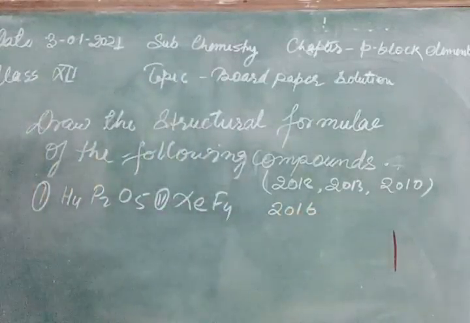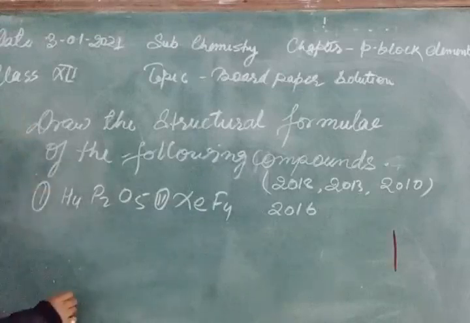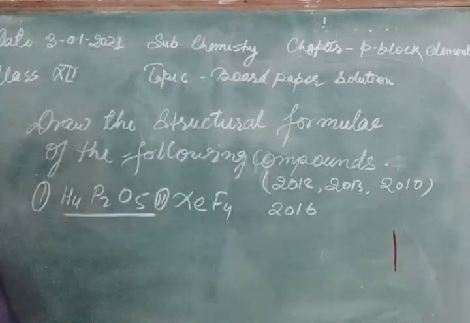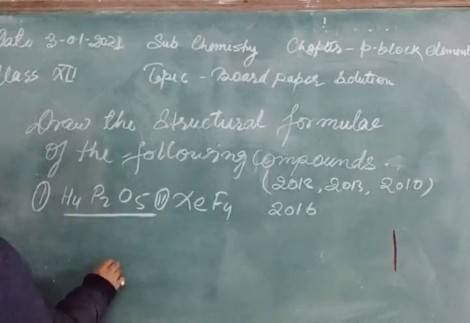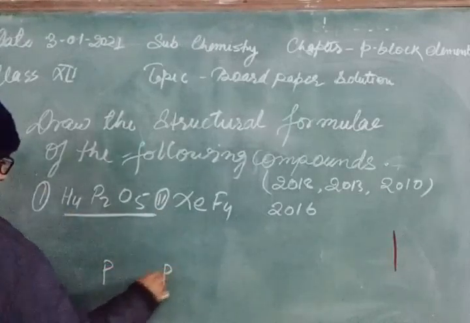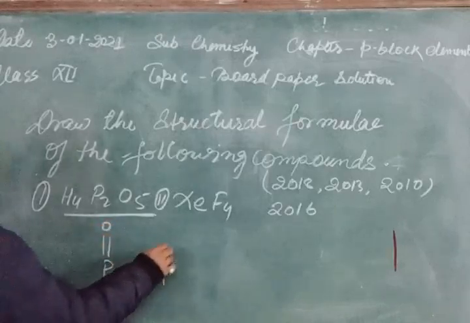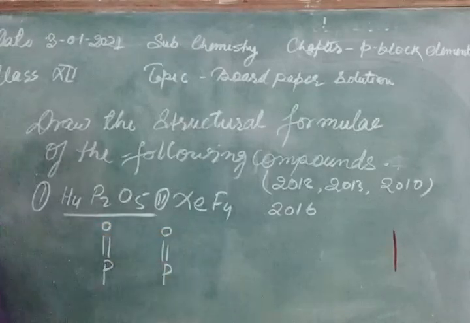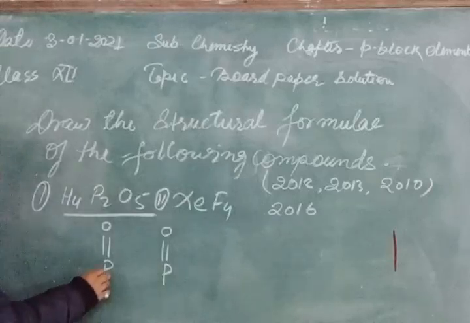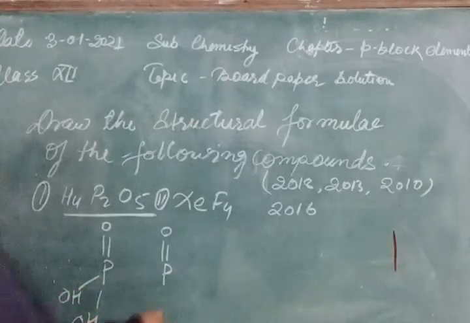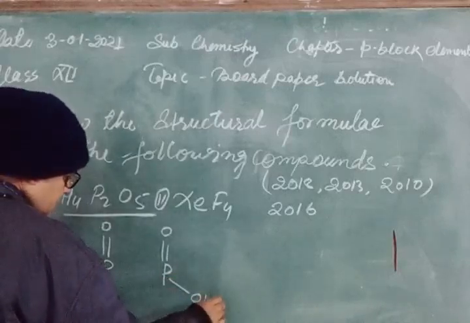And the structure will be, in case of phosphorus compound, you have to make a structure like this. At least one oxygen with each phosphorus will be in a double bond, and next one or two will be OH for each phosphorus.